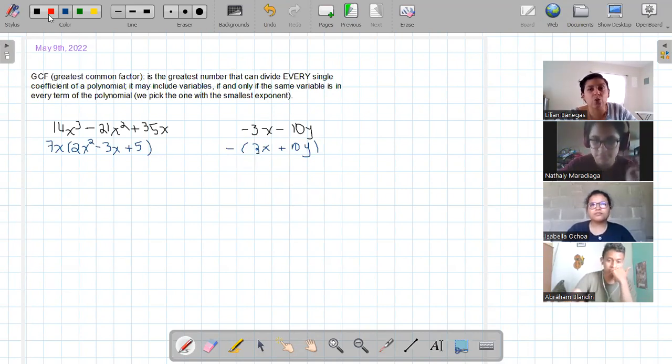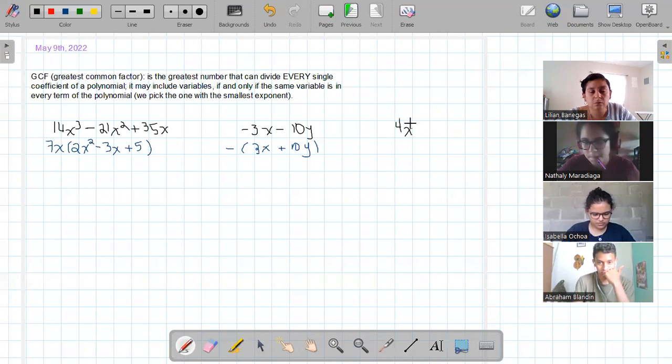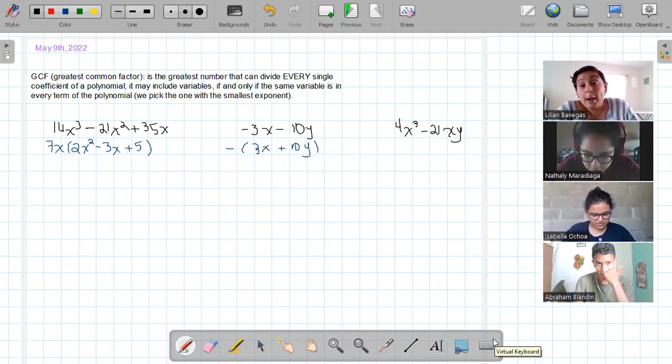Okie dokie then. Let's do one more, okay? For example, I have 4x cubed minus 21xy. What is the GCF of that?